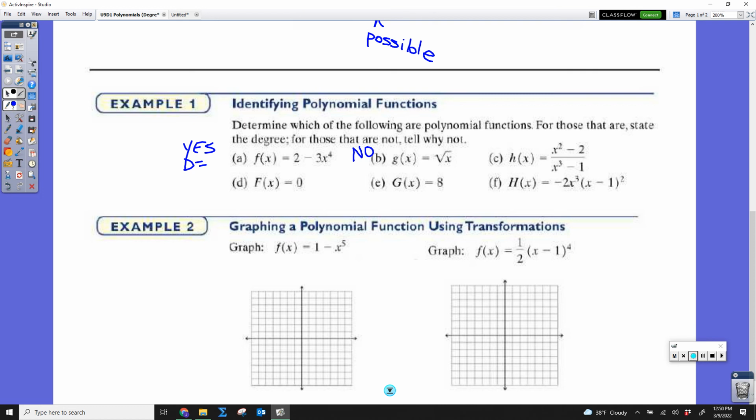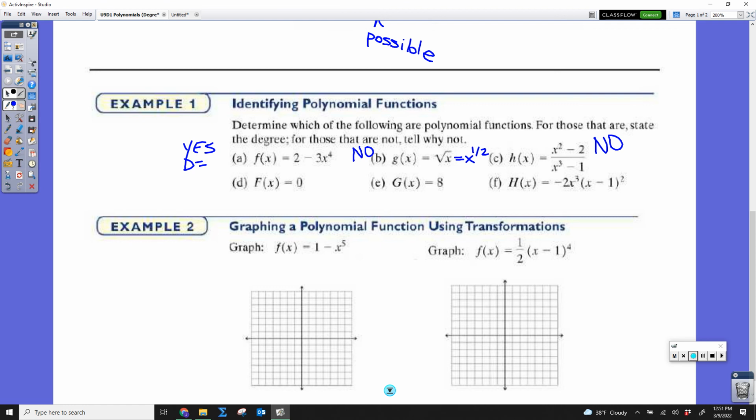We cannot plug in numbers that are negative in this, right? Okay, another way is this. This is x to the 1/2, right? You can write it like that. The exponents have to be whole numbers, so it can't be a fraction. Okay, over here, letter C. What do you think? This is no. Okay, why? Domain.